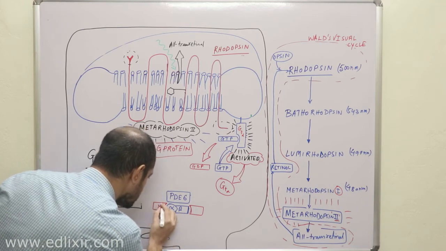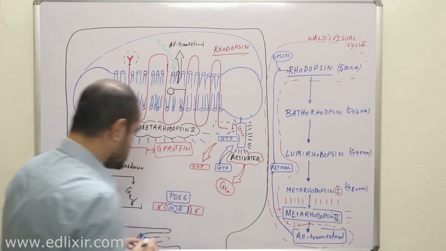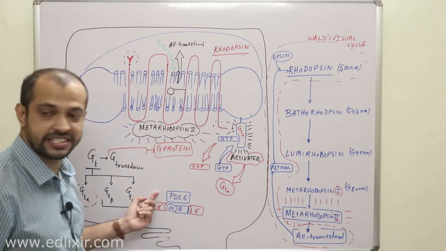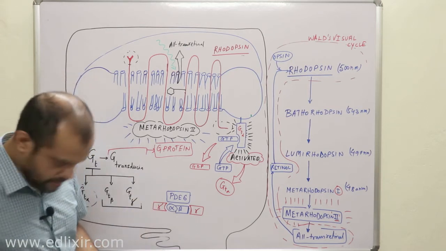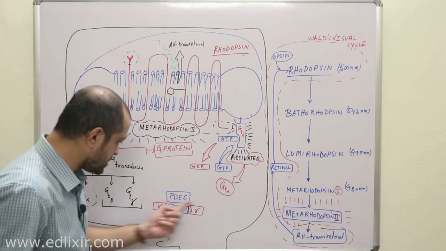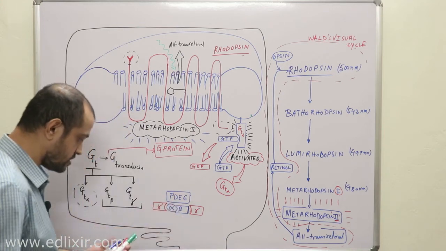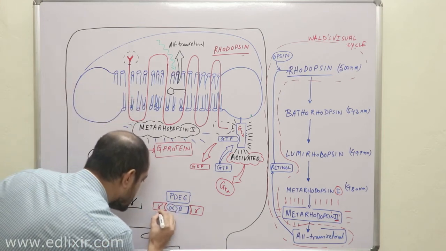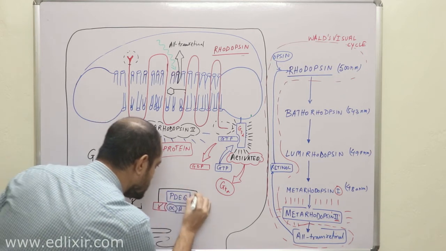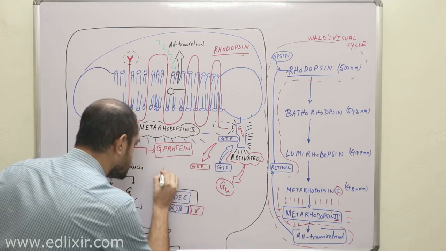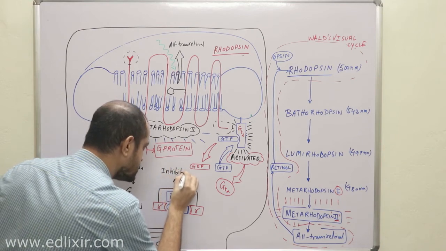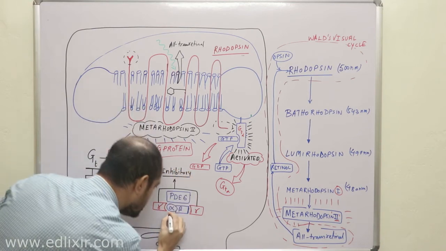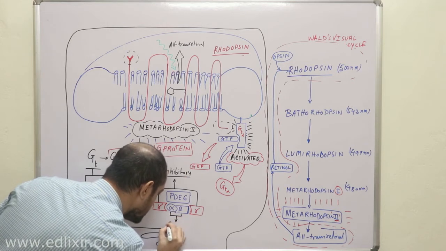These inhibitory subunits are called gamma. That means PDE6 is a heterotetramer. Listen with all your attention. These two, the gamma subunits, are inhibitory in nature, and these two, alpha and beta, are catalytic in nature.